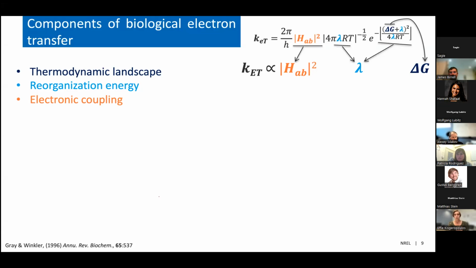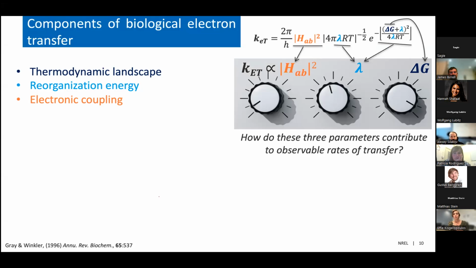These are all important in the rate of electron transfer, and this has been looked at a lot in biological systems. When we think about electron transfer, we often consider these in terms of different parameters that can be tuned, and we can observe how they contribute to different observable rates of transfer.